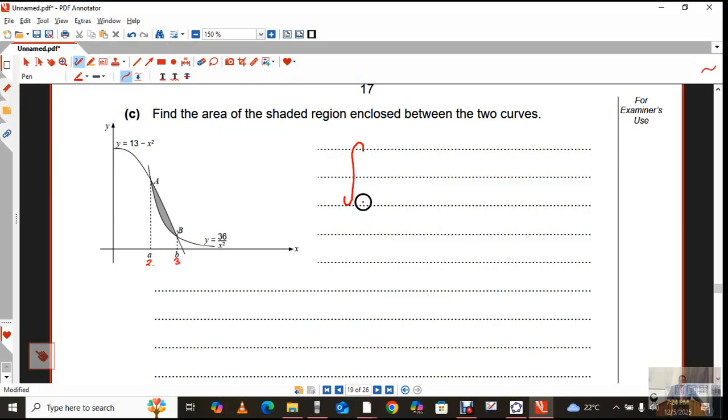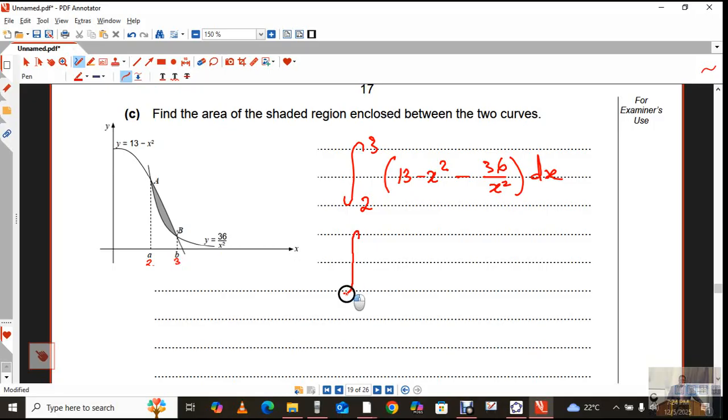I'm going to integrate from 2 to 3 of 13 minus x squared, because it's on top, minus the other one, 36 over x squared, with respect to x. Now, you can obviously do it two ways. You can take the integral of 13 minus x squared dx minus the integral from 2 to 3 of 36 over x squared dx separately. All right, let's integrate.